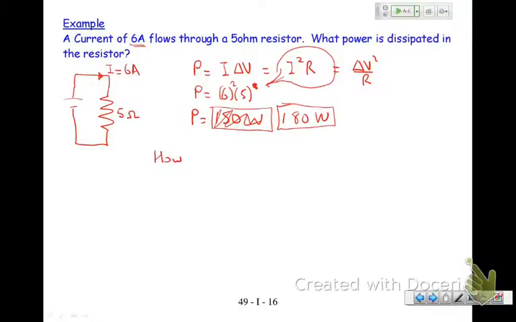So, let's make it a bit more interesting. How much energy is dissipated by the resistor in 2 minutes? Let's say it's going to be 90 joules.